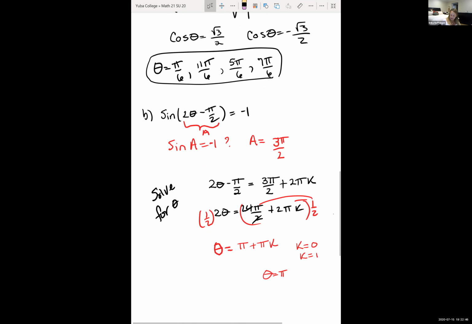So theta equal to 2 pi is not in that set, but if you let k equal -1, pi plus a negative pi is 0. So I actually have to also include 0 as part of that set. And so there's 2 solutions theta can be to make that sine of 2 theta minus pi halves equal to -1.